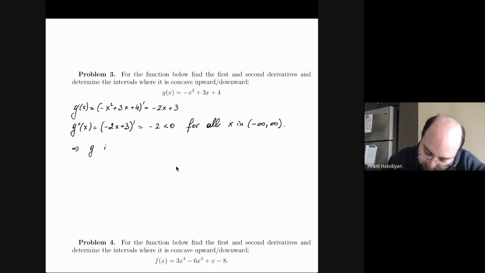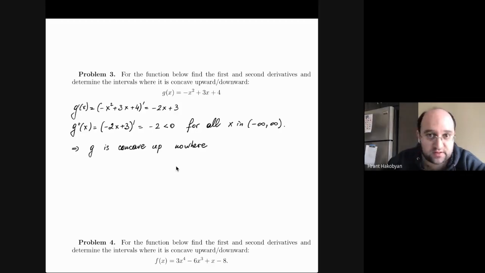Is it concave up anywhere? Well, it's not, because concave up means that the second derivative is positive. So this interval doesn't exist. So it's concave up nowhere.